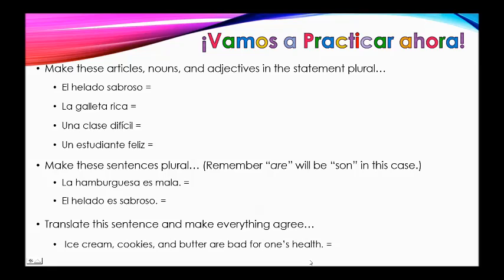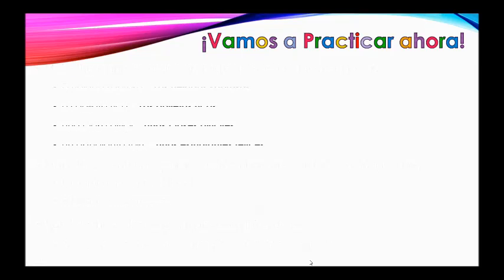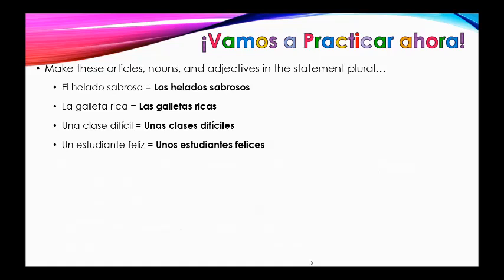Okay, ahora let's go over your answers. So for the first part, el helado sabroso turns to los helados sabrosos. La galleta rica should be las galletas ricas.